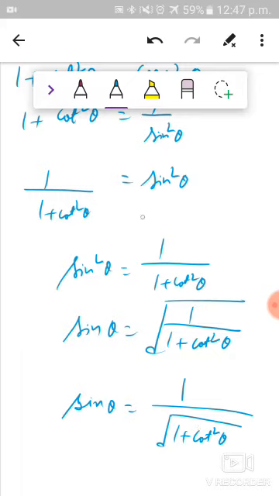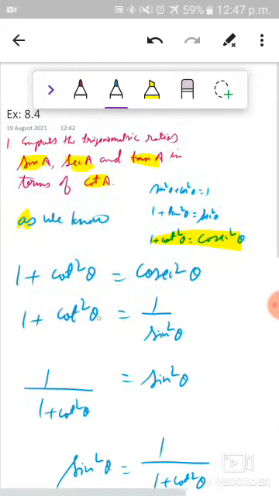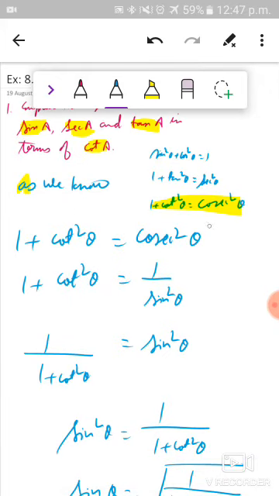So we have written sin theta in terms of cot theta, right? Same like this we have to write sec theta in terms of cot also.